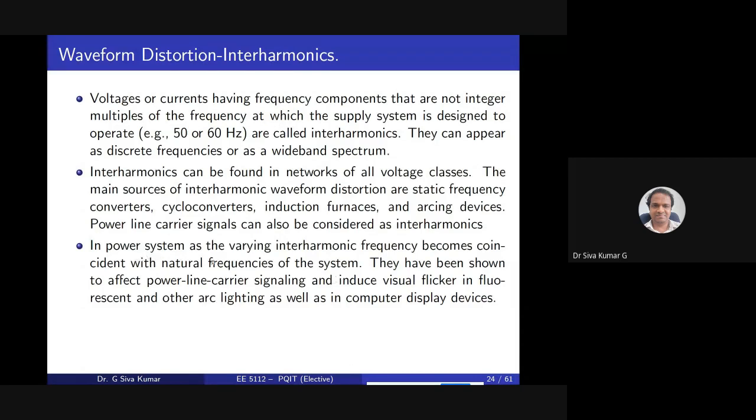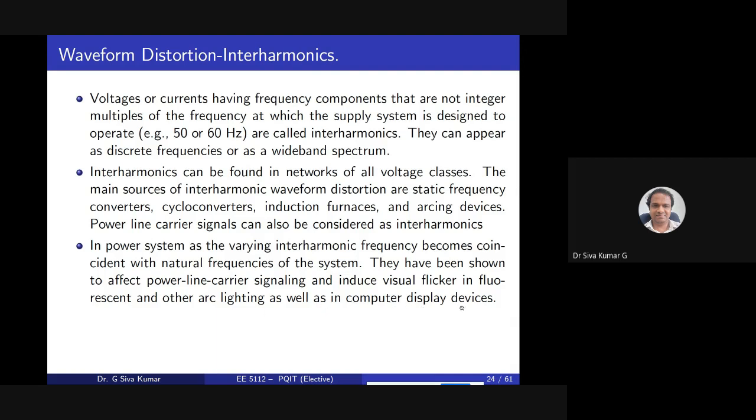In a power system, the varying interharmonic frequency may become coincident with the natural frequencies of the system. Sometimes, not all the times. They have been shown to affect the power line carrier signals and cause visual flicker in fluorescent and arc lighting as well as in computer devices.